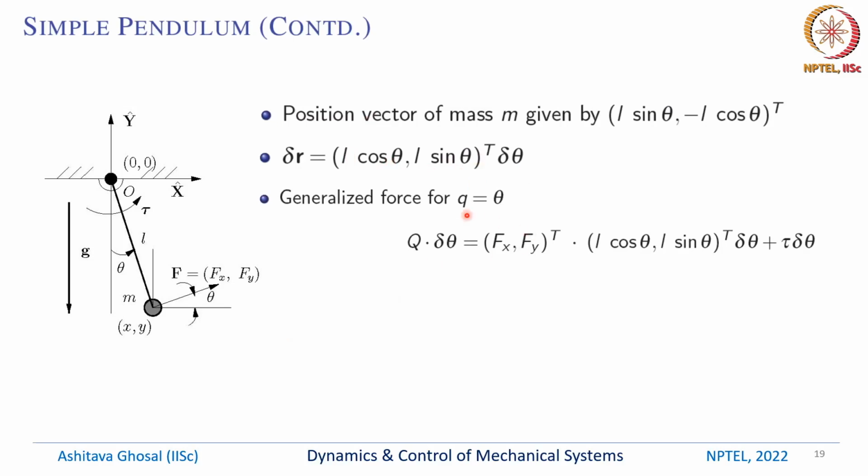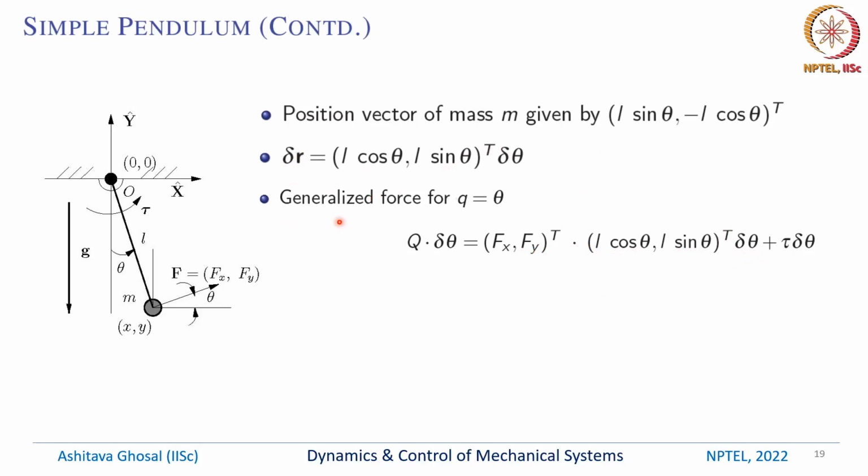So the generalized force for q, which is the same as theta here, capital Q, the generalized force, is given by Q times delta theta equals this vector Fx, Fy dot product with delta r. So that is given by L cos theta, L sine theta times delta theta.